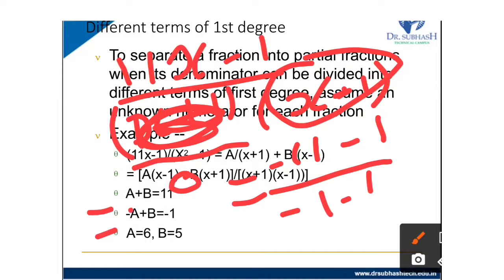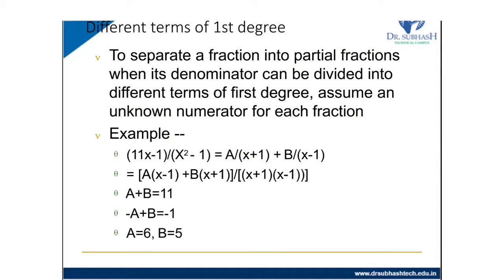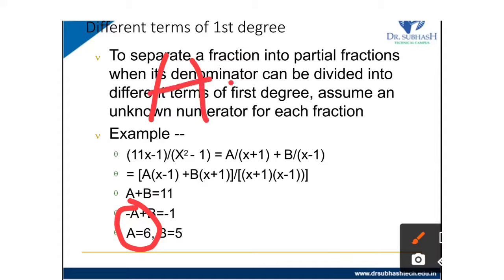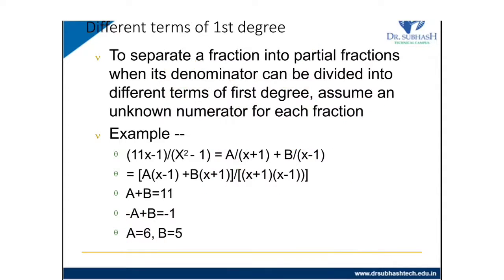So above is minus 12 divided by minus 2, and we will get a equal to 6. So in this equation we get a equal to 6 and b equal to 5. This is the simplest method which we use to separate a fraction into partial fractions.